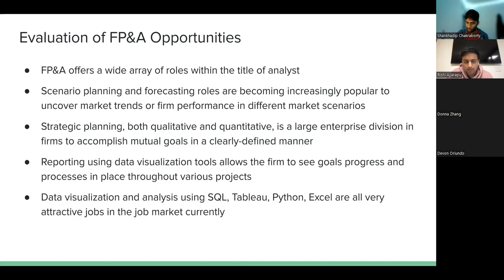Some popular data analysis and visualization tools are SQL, Tableau, Excel, and Python. Having knowledge within these fields is really attractive and really good for the job market.